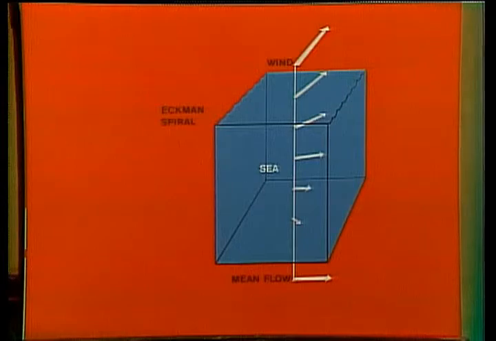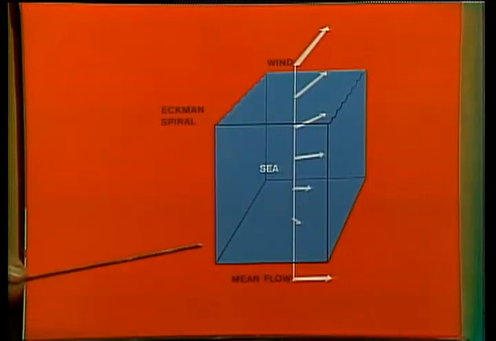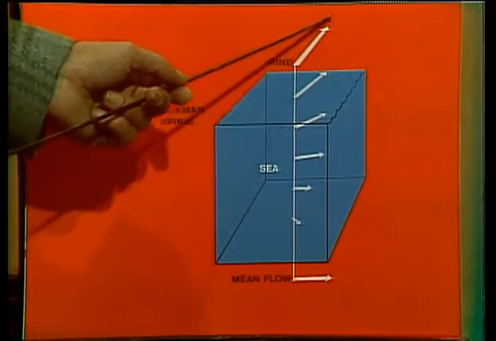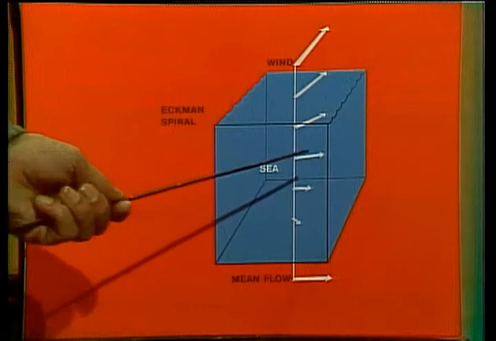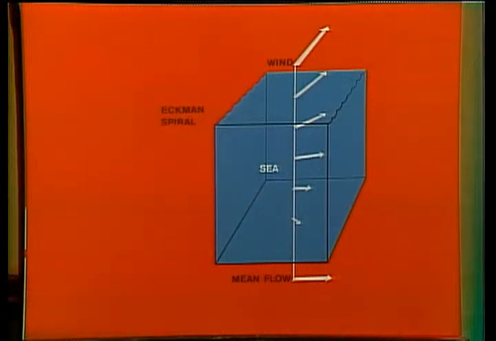Now, because of turbulence in the ocean, one layer will interact and drive a lower layer. So if we could imagine the ocean is made up of a series of layers, first of all the wind driving the top layer, and then the next layer down driving a lower layer, and so on down through the ocean, we would find that the direction of the motion of the waters created by a wind in this direction would gradually turn to the right because of the Coriolis force, and naturally the energy will gradually get dispersed, and the velocity of the water will decrease.